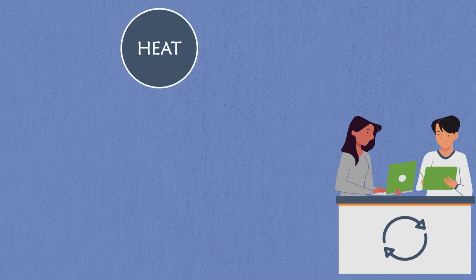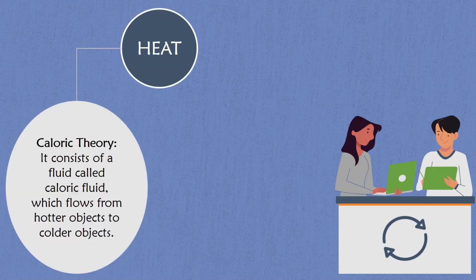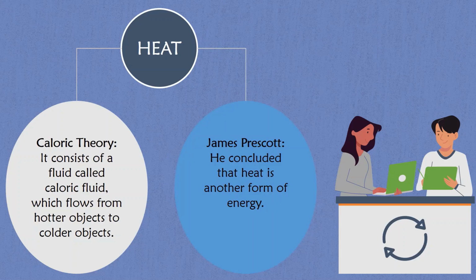When a barbecue has just been removed from the fire, you know it is hot and may burn your tongue, so you do not bite it immediately. According to the caloric theory, heat consists of a fluid called caloric fluid, which flows from hotter objects to colder objects. James Prescott said that heat is another form of energy.